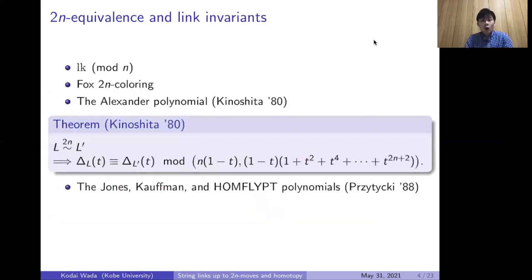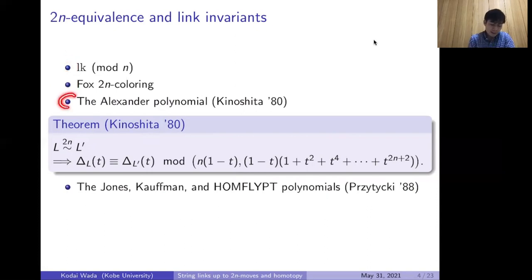In the study of 2n-equivalence, the relations to link invariants are well studied. The basic fact is that the linking number modulo n and the Fox 2n-coloring are invariant under 2n-equivalence.